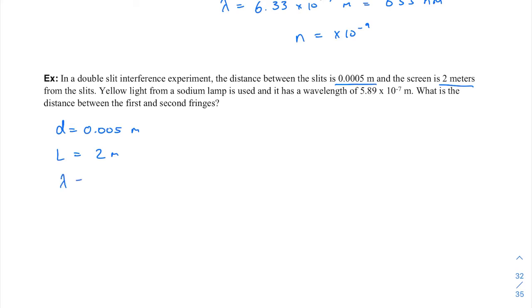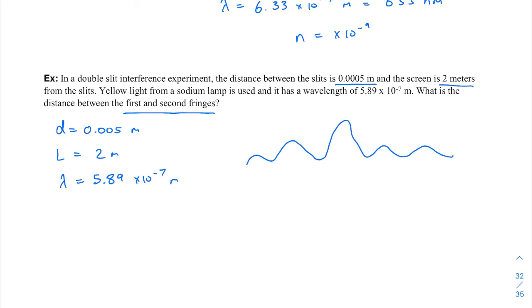And it wants to know what is the distance between the first and the second fringe. So remember the interference pattern: bright spot, brightest spot, that's central, dark spot, bright spot.